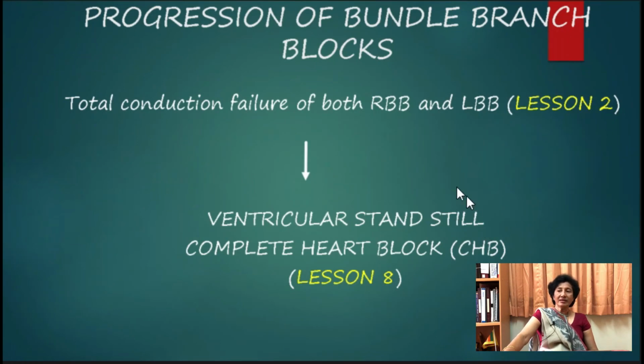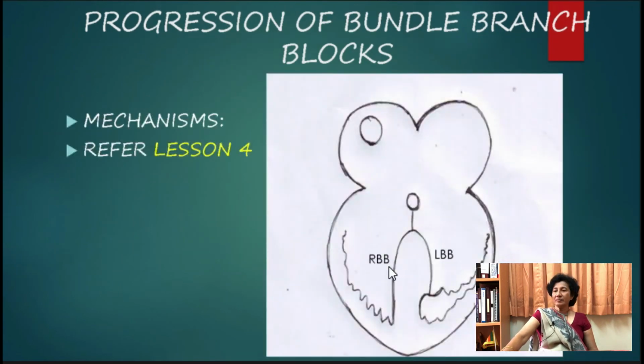What happens when both bundle branches are in total conduction failure? The emitted impulses from the SA node depolarize both atria, giving rise to sinus P waves. And the electrical impulses then enter the AV node, the bundle of His, but the sinus impulses cannot conduct further into the ventricular myocardium, as there is total conduction failure of both the right bundle and the left bundle.